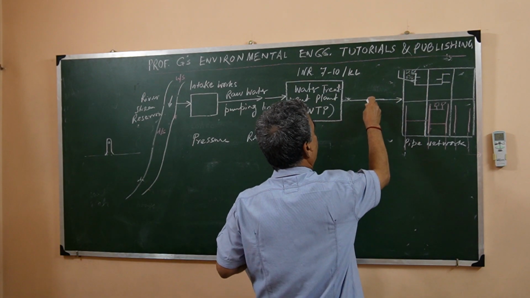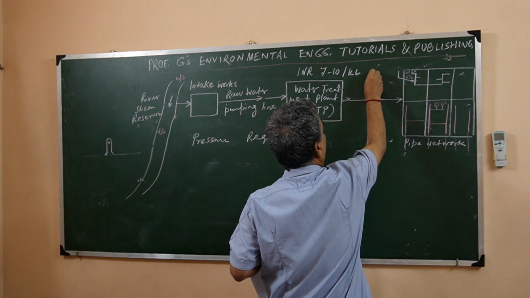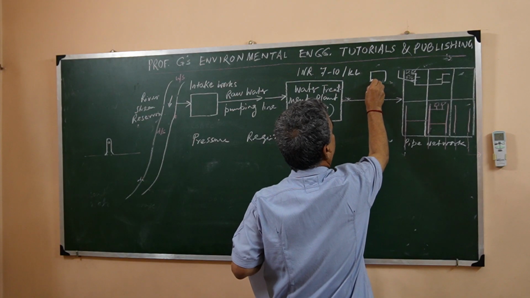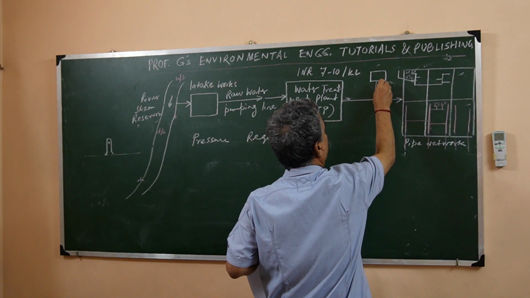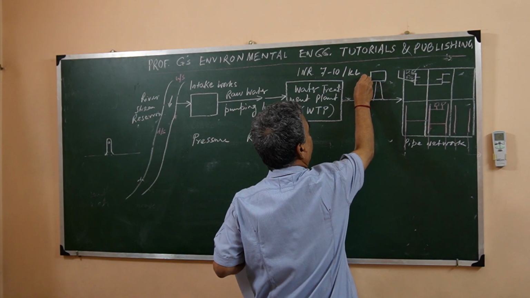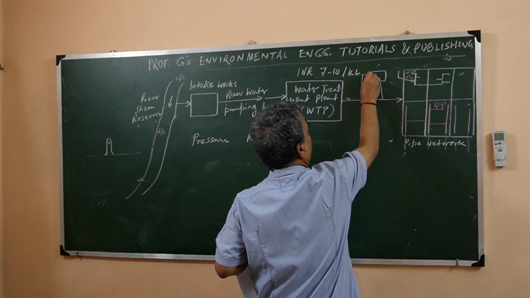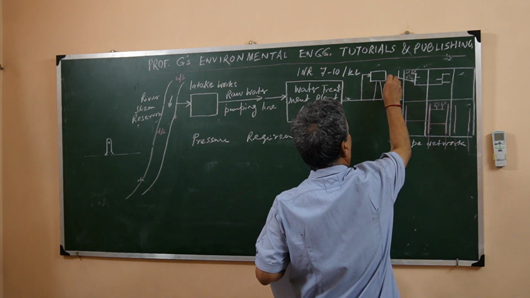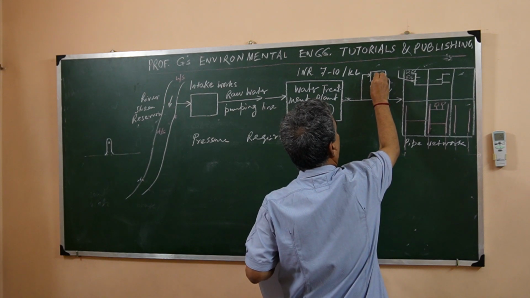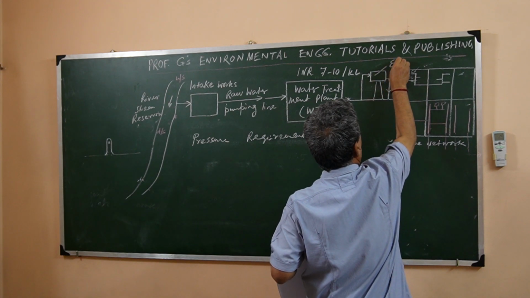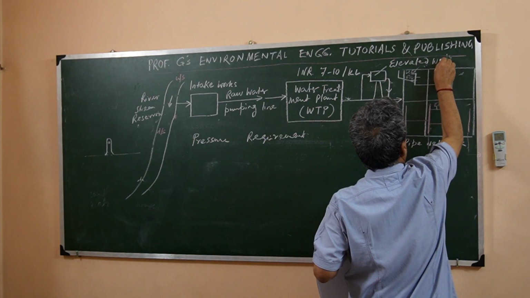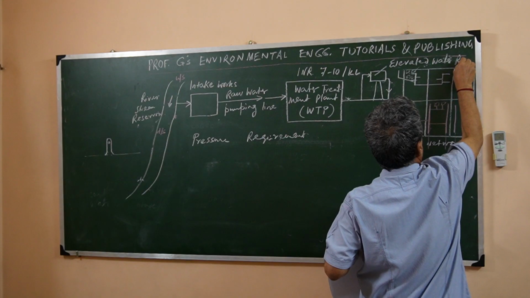Now here, if you have a reservoir also, that means the water goes via the reservoir to that point. So from here it is going like that. So this is the elevated water reservoir.